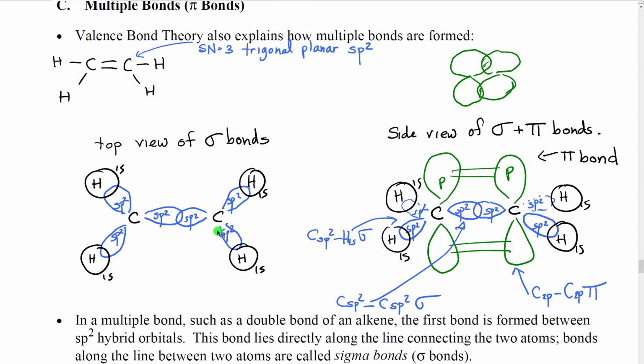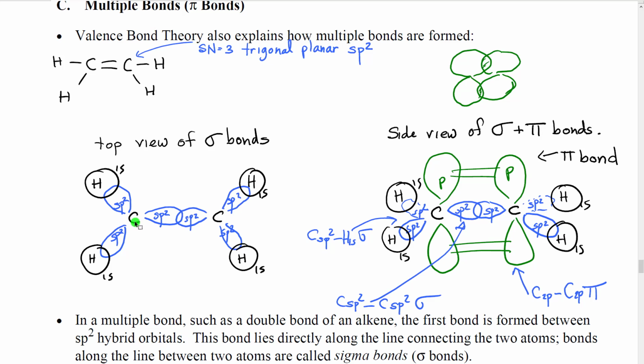So we bring the carbons together, we overlap an sp2 and sp2, we get a carbon sp2 to carbon sp2 sigma bond. Then we get carbon sp2 to hydrogen 1s sigma bonds. And these bonds define the basic overall three-dimensional shape of the molecule. It's basically trigonal planar and trigonal planar. They're all flat in the plane. And when we were doing our Lewis structure, we would have called this the sigma skeleton. Recall that the sigma skeleton was what we could draw if we didn't put any multiple bonds on.